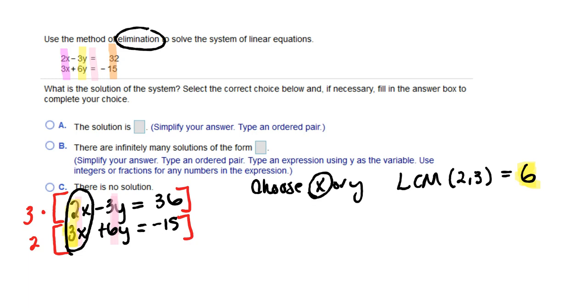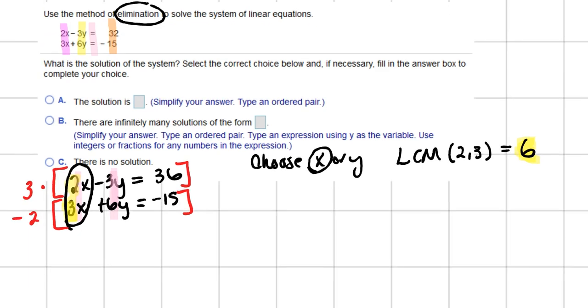Okay? But that's not going to work either, because that would give them both 6. 6x plus 6x would be 12x. Remember, we want it to eliminate. So we need one of these to be a negative to make that work. That would make one of them a positive 6x, the other one a negative 6x, and when you add them, it'll eliminate.